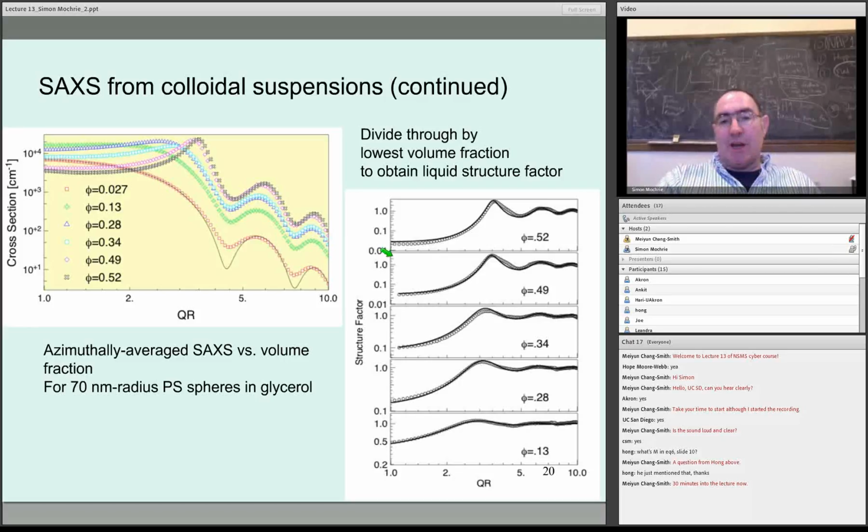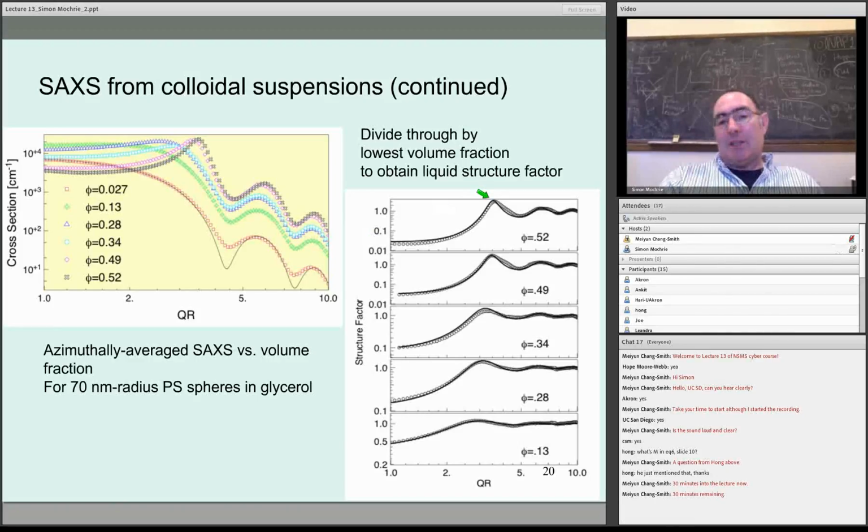And that's been done over here, and that's what it looks like. At the highest volume fraction, you have a rather prominent, sharp peak here. Notice this is a log scale, so that tends to conceal the sharpness of this feature.